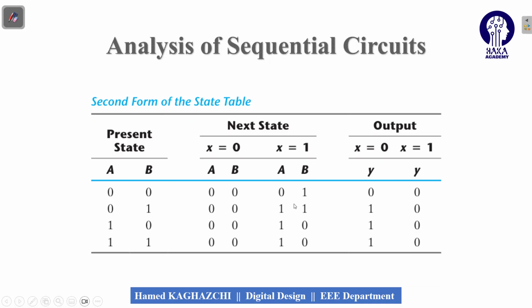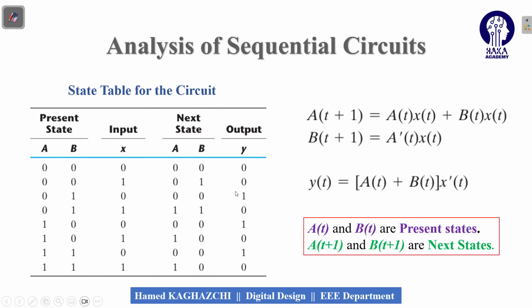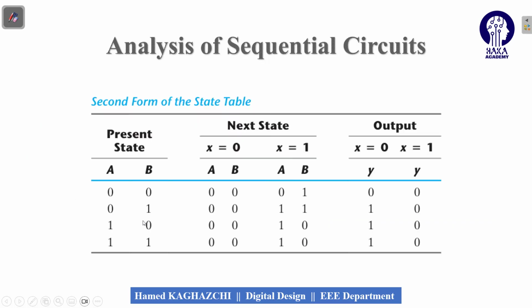You can see that here, instead of writing one by one and writing two times at each row of the truth table, we can redraw the state table in this form. It doesn't matter which one is better for you; use whichever form is easier for you to understand.